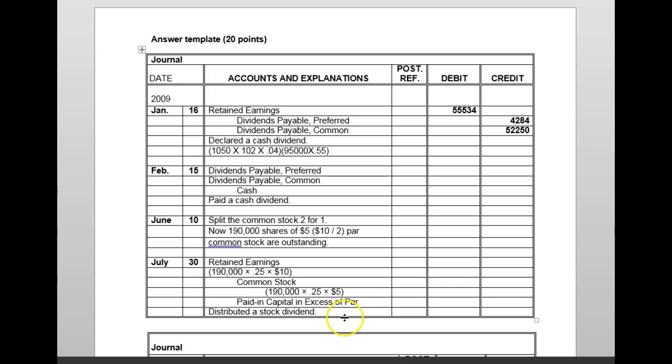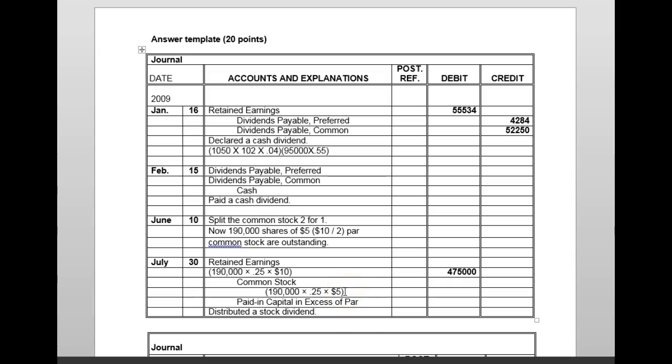So if we look at this, you have 190,000 shares. The market value is 10, and you're distributing 25% of that. So that is your benchmark. That's how much would come out of retained earnings. So now you're going to multiply that out, and you'll come up with $475,000, which is a sizable amount of money.